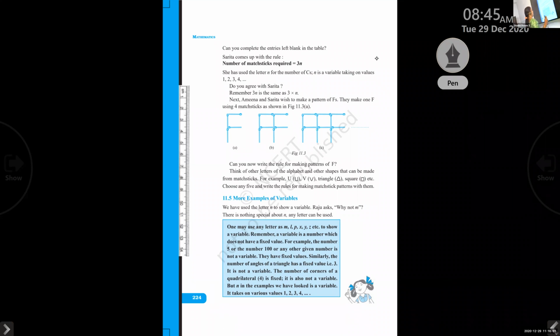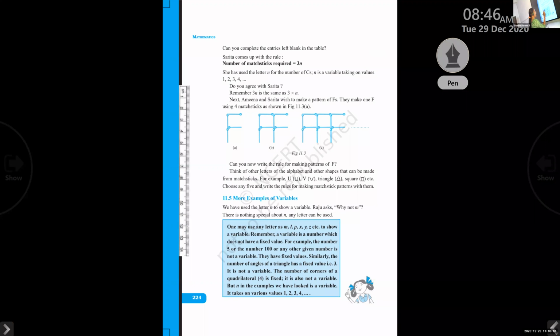Okay. So, more examples of variables. Children, not only n, we can use different letters.